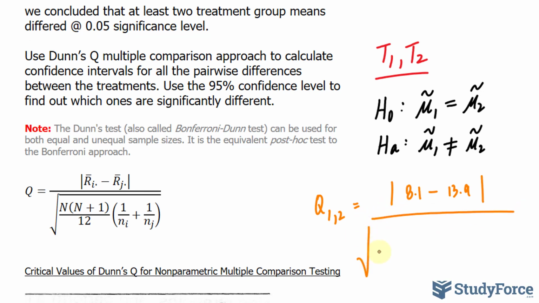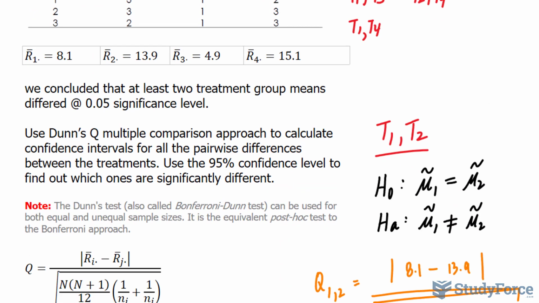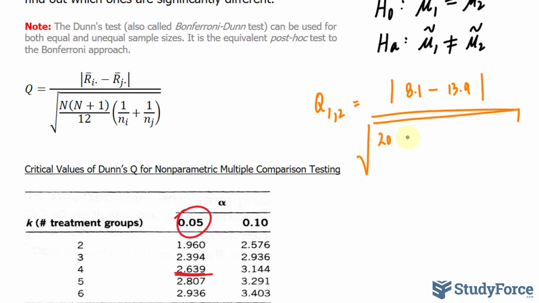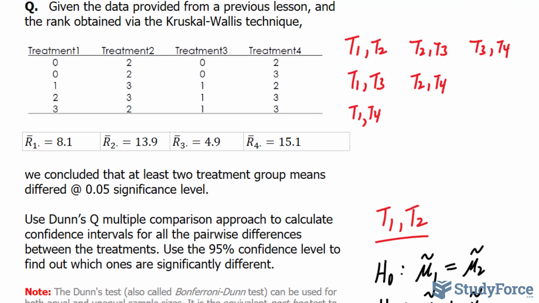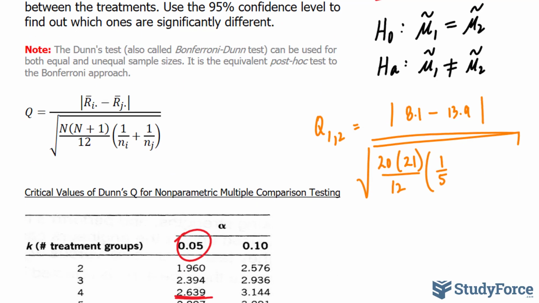Over, and our square root contains n, capital N is the total number of observations, which is 20. 20 bracket 20 plus 1 is 21 over 12. And in parentheses, we have 1 over 5, 5 observations per treatment, plus 1 over 5.